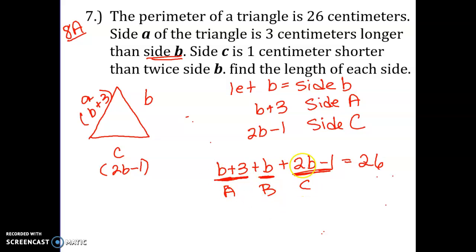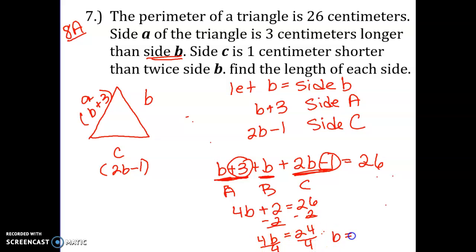So if we add them all up, B plus B is 2B, 2B plus 2B is 4B. And our like terms, we've got a positive 3 and a negative 1, so we've got plus 2, and that's going to equal 26. All right, so we subtract 2 from both sides. We end up with 4B is equal to 24. And then when we divide by 4, we end up with B is equal to 6.